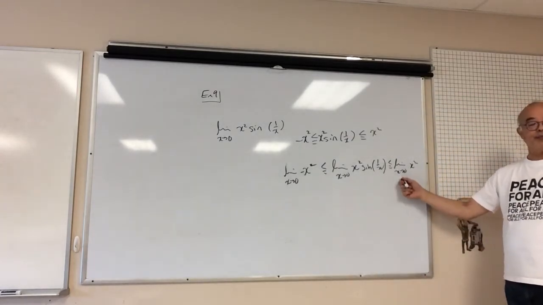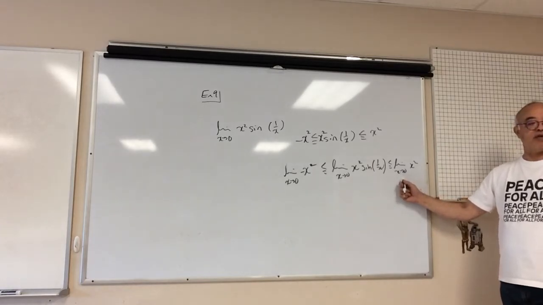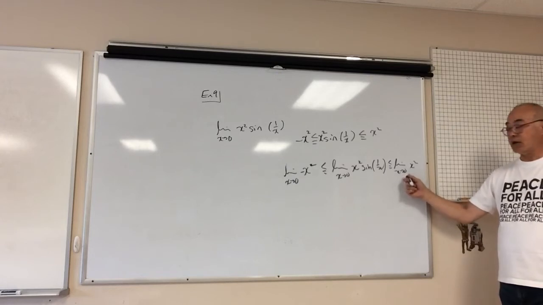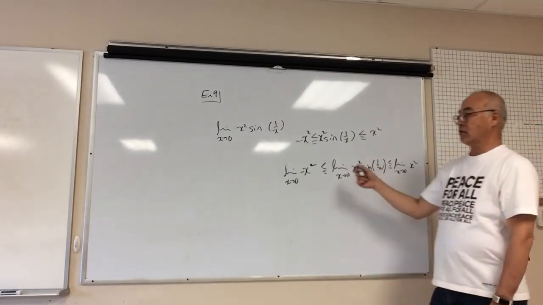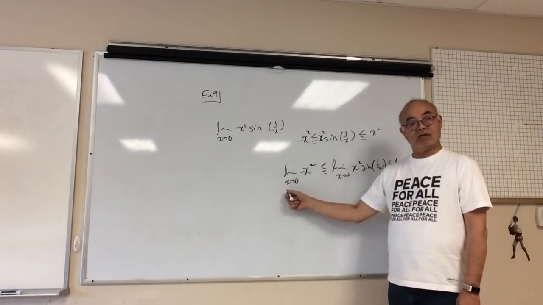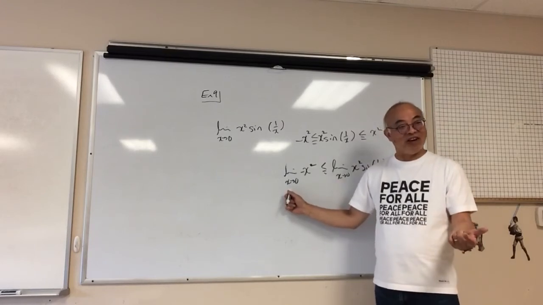What is this value? 0. Yes, because I'm trying to find the limit. This is 0, right? X goes to 0, this goes to 0, correct? And negative x squared is 0, right?